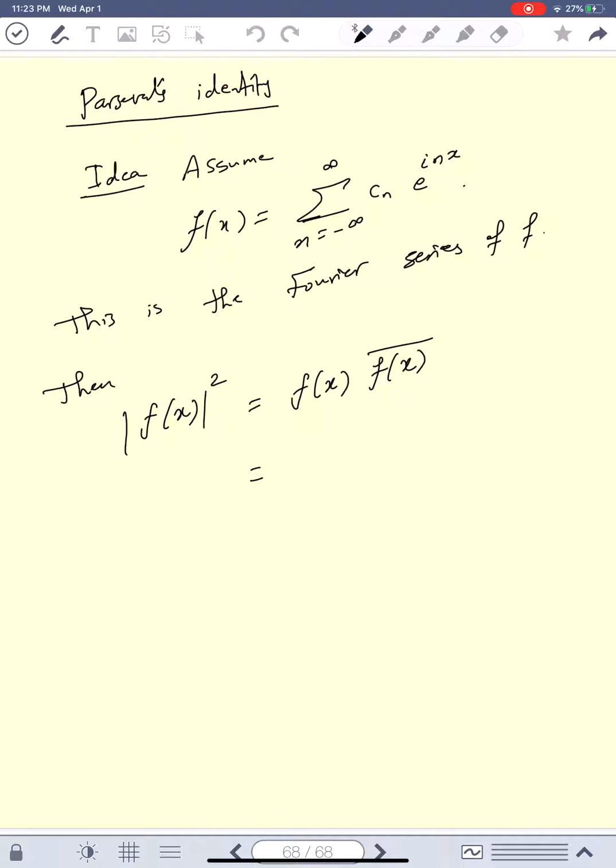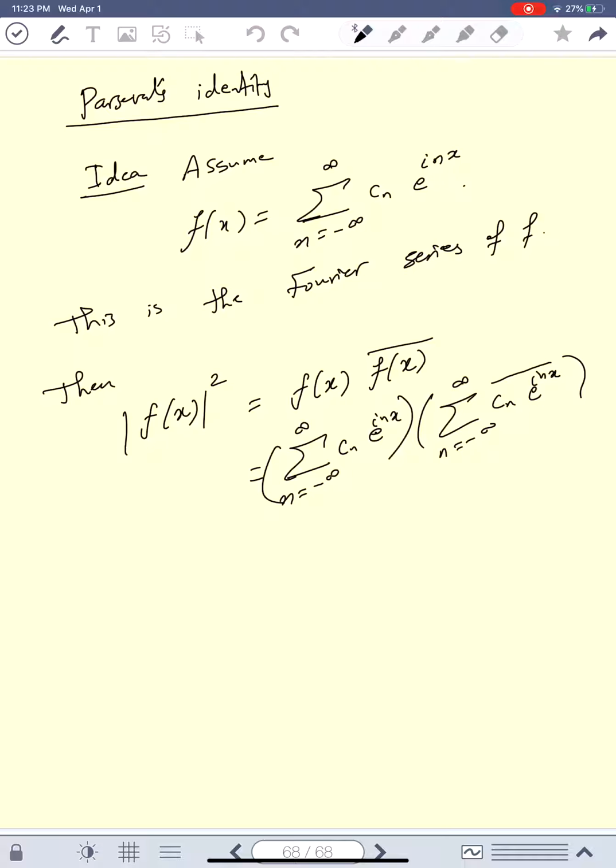Okay, so this is the sum from negative infinity to infinity of Cn e to the i nx, right, times the sum from negative infinity to infinity again of Cn e to the i nx conjugate, and the conjugate goes into the sum. So now you are multiplying two infinite sums.